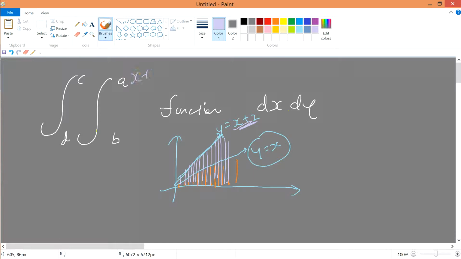So I just split it over here and then subtract the orange color one. Hope you get what I mean. The orange color one is the bottom one. So when you do that, you're taking only this slice over here. You're taking only this slice.